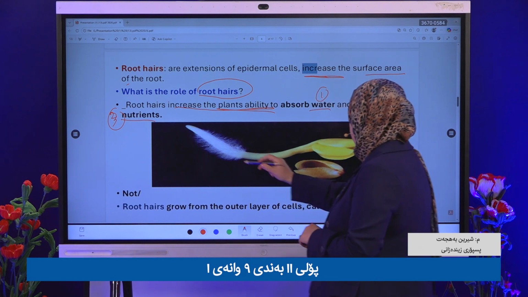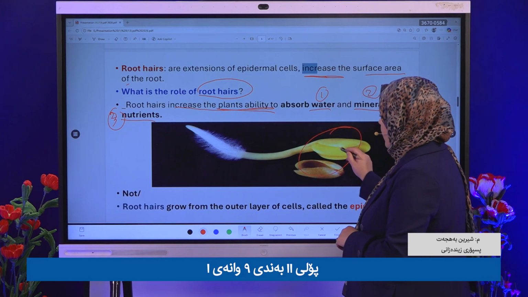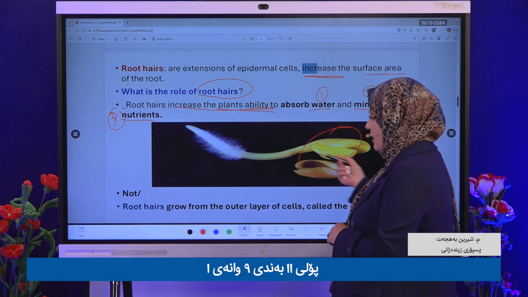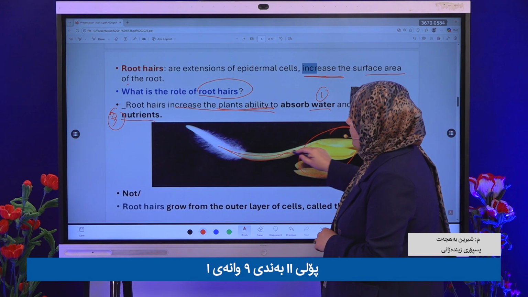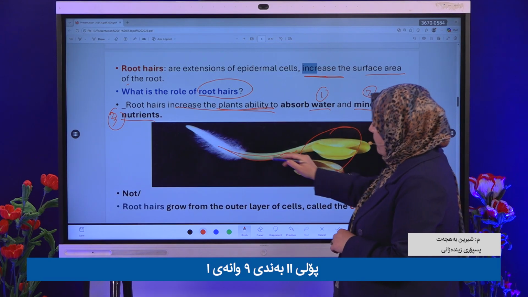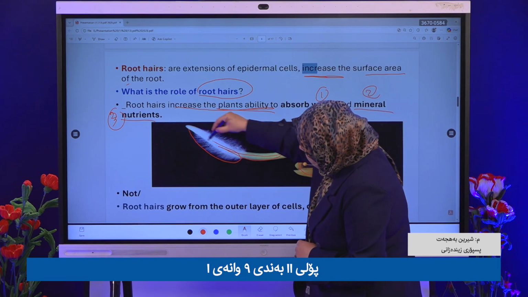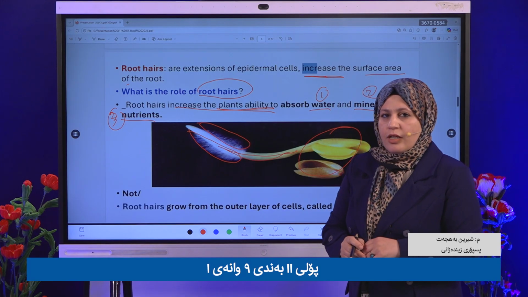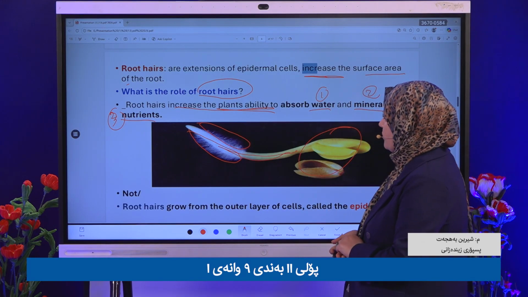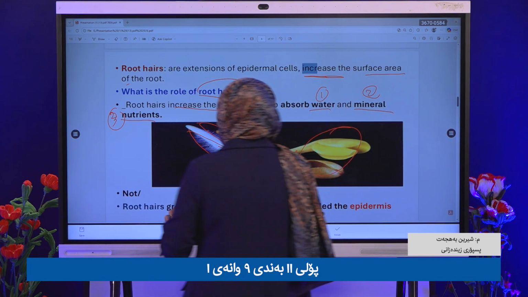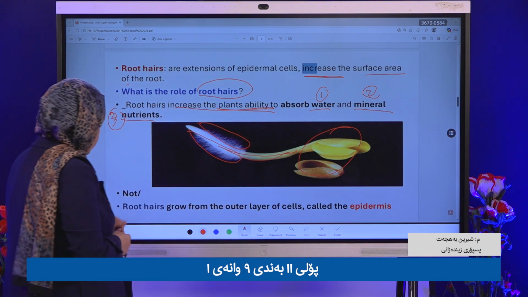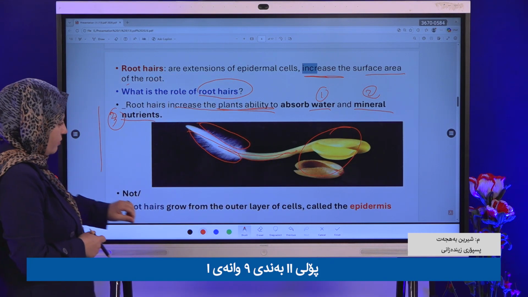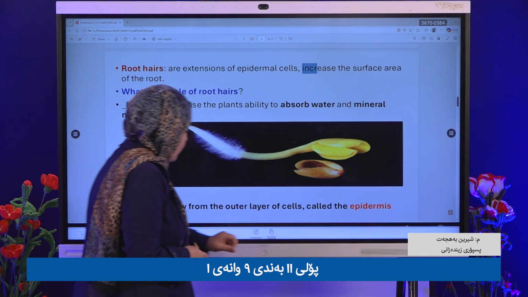Clear? Look here. This is a seed starting to sprout. Look at it, it's an extension of the epidermis, where you can see the root hair. This part is root hair on the surface of the epidermis cell.